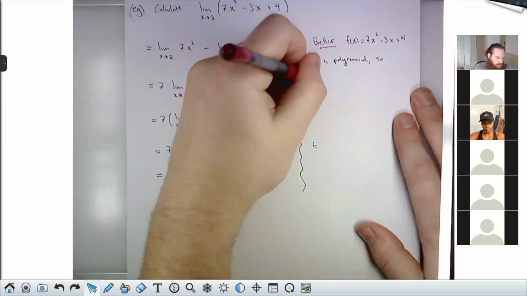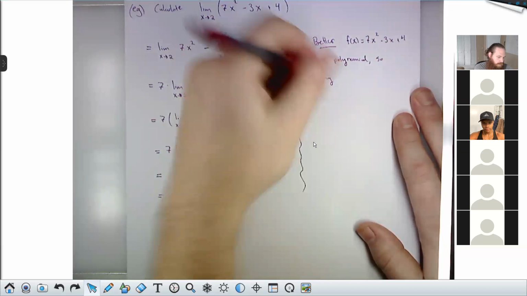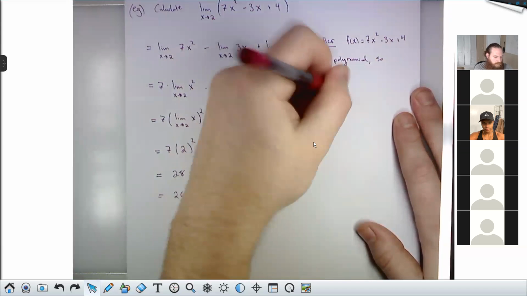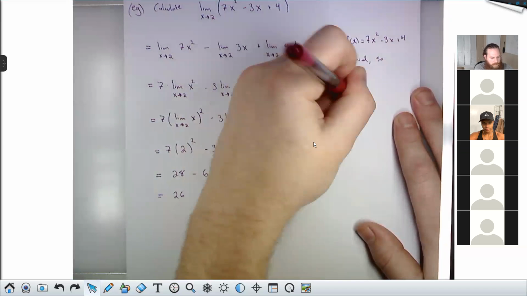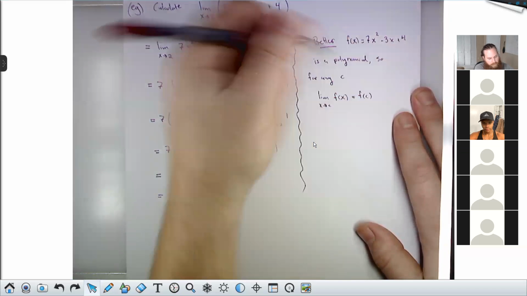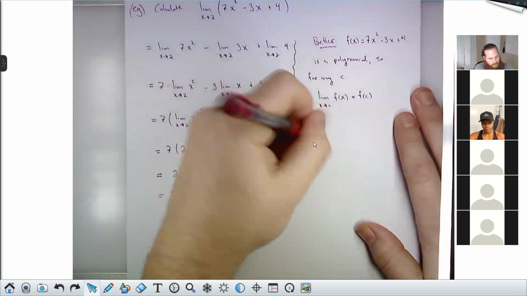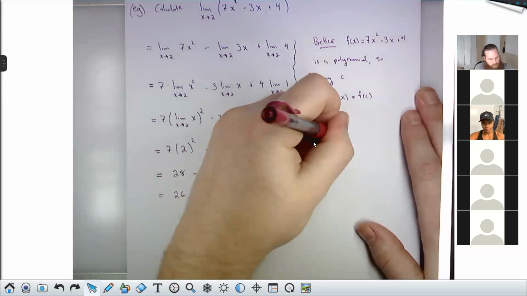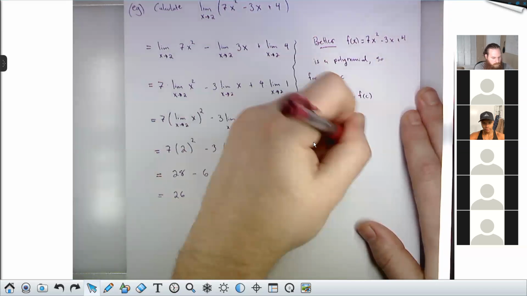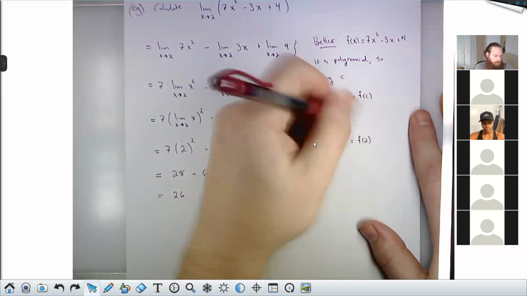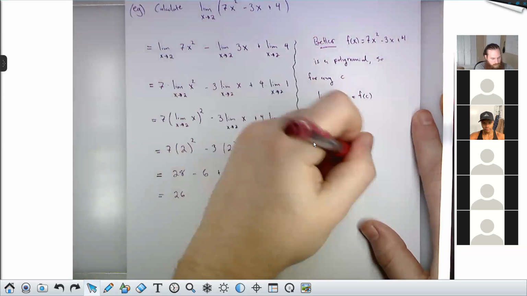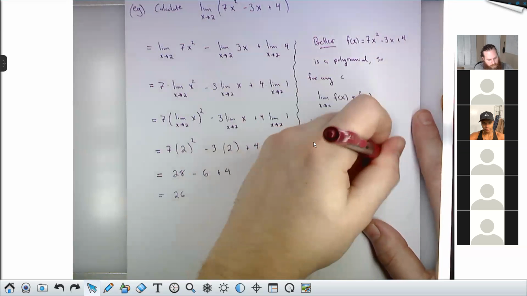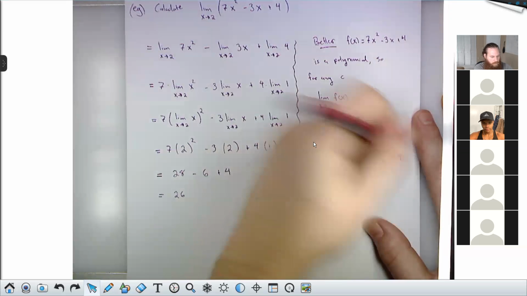So for any c, the limit as x approaches c of f of x should just be f of c, i.e., the limit as x approaches 2 of f of x is just f of 2, which is 7 times 2 squared minus 3 times 2 plus 4.